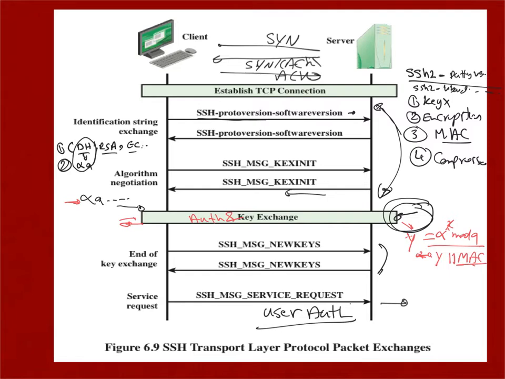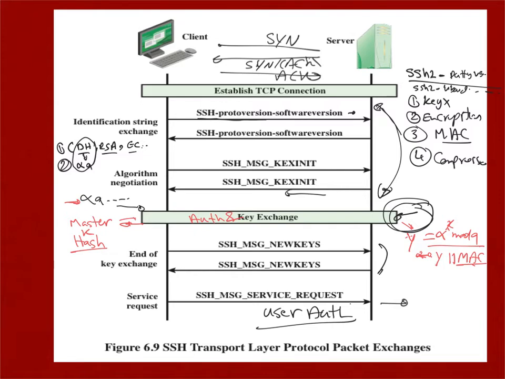So at this point, the client and the server have a master key, as at the end of the Diffie-Hellman, right? They have the master key, and on both sides they also generate a hash. This hash is like a number, and it is also very important.